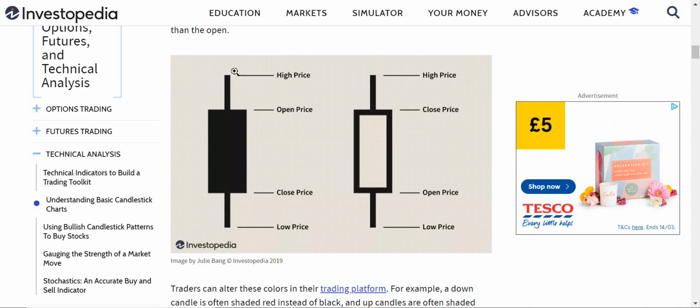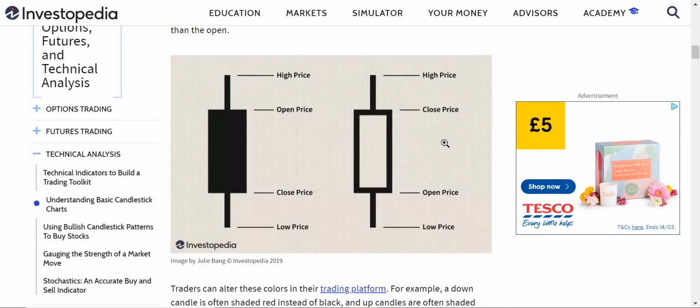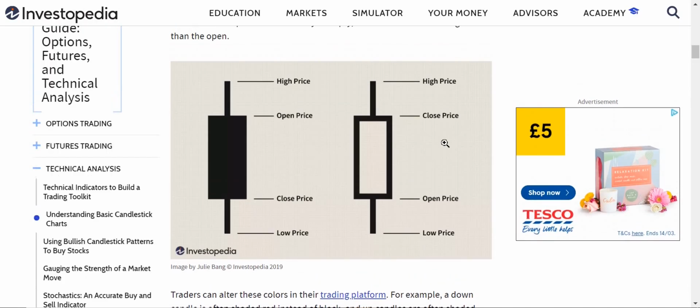My chart's 1 hour. This has the highest point that the price reached in that 1 hour period, and the lowest price it reached in that 1 hour period. And the color will show you whether the close price was higher than the open, or the open was higher than the close.